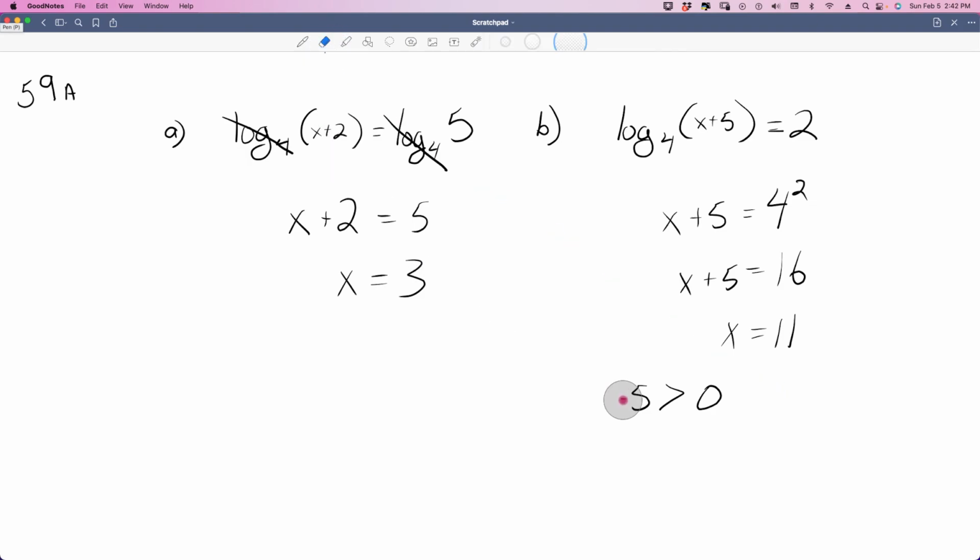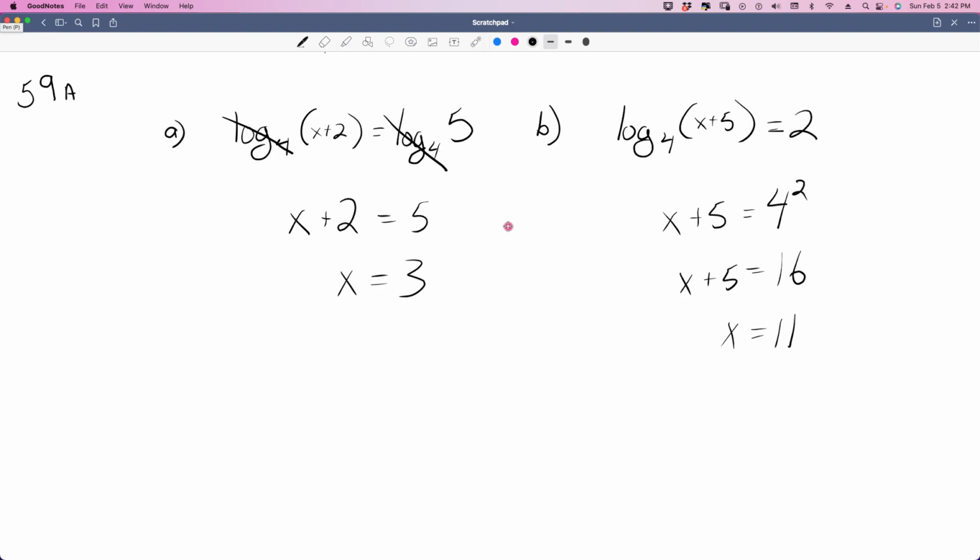So we always want to check to make sure that our solution in our logarithm is going to give us a positive number. That's one of the things that we have to check for because our problems are going to become slightly more involved, and that is going to require a positive outcome for our x value.